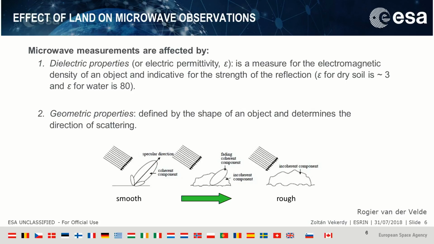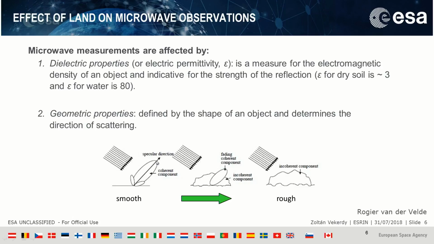With radar, we can have, on the one hand, the dielectric properties of the surface affecting the backscatter of the signal, but also the surface roughness, the smoothness, plays a role.